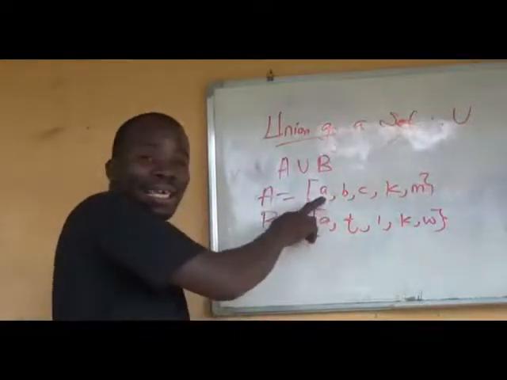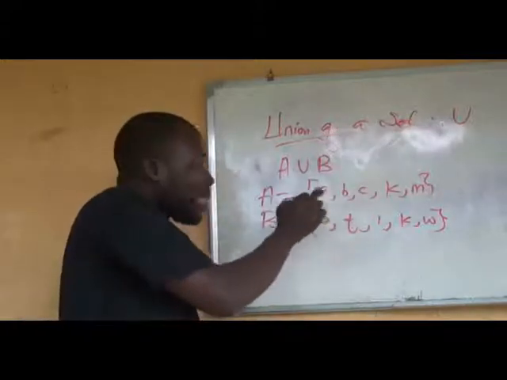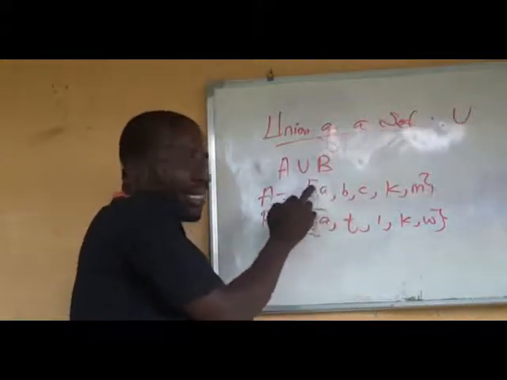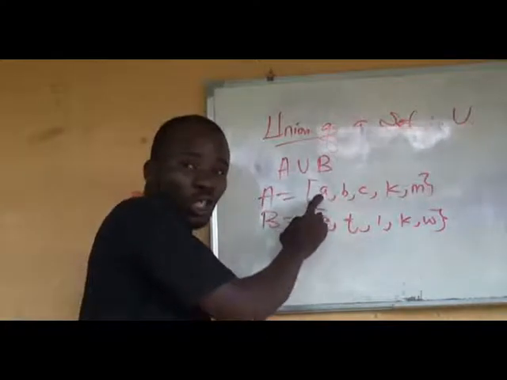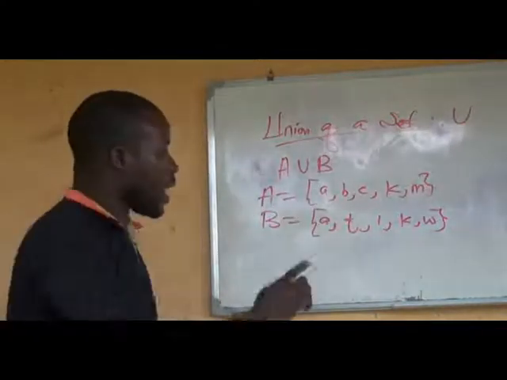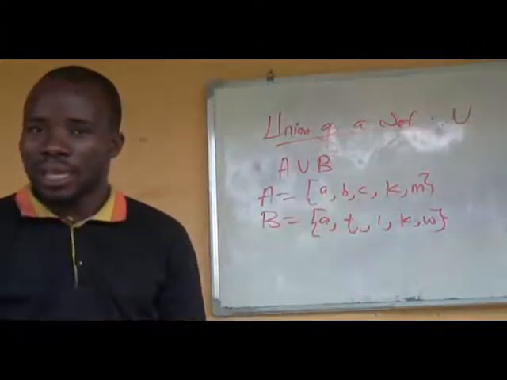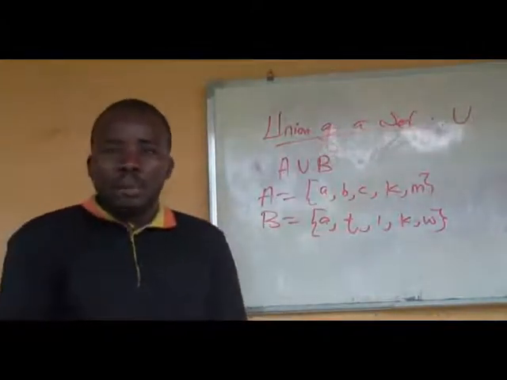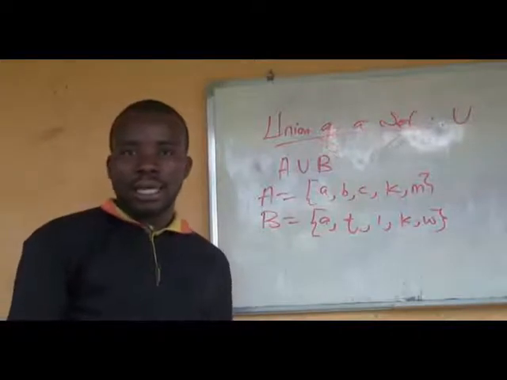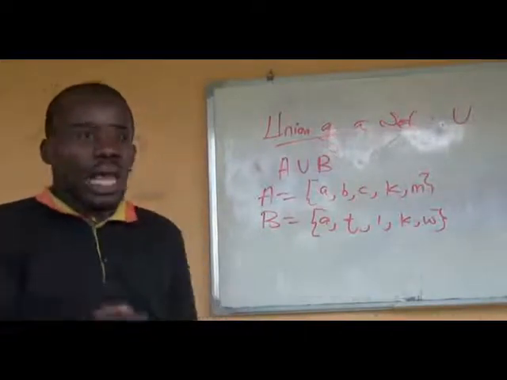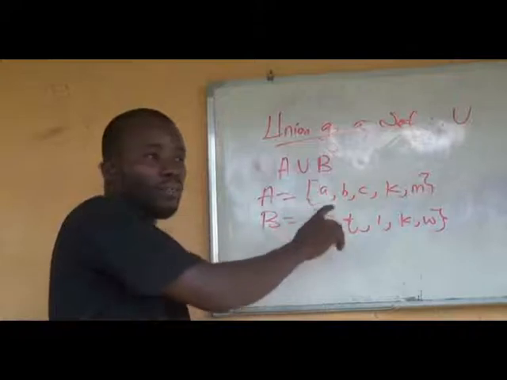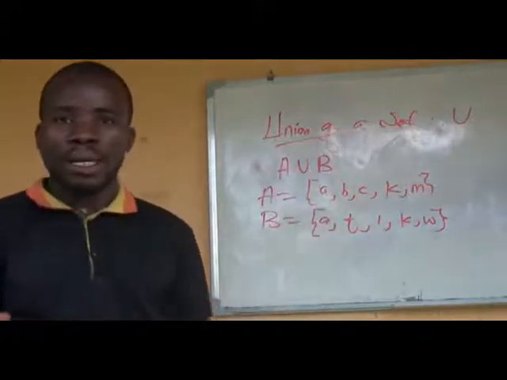So if you see A in this set and also in that set, it means this person is a member of this association and also a member of that association. Just as I am a member of a particular church and I'm also a member of another association. If they write my church, I will still have my identity. If they write the state where I belong, I will still have my identity there.